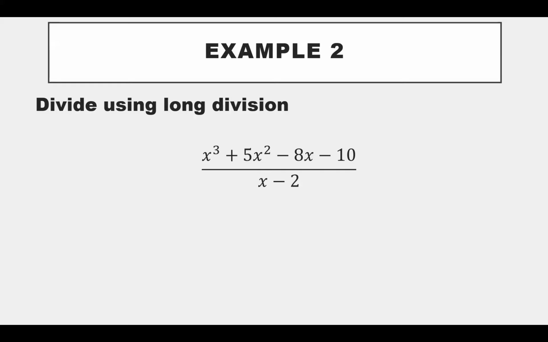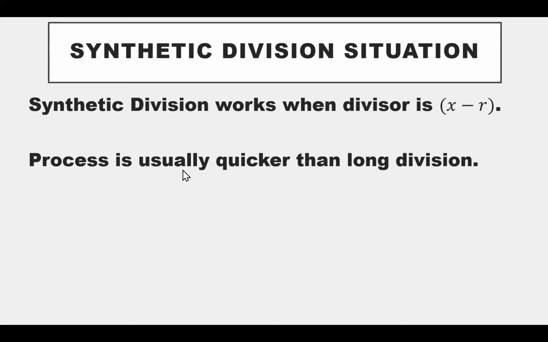But in both example 2 and example 3, there's actually a way that in general is quicker than long division. And that is synthetic division. So I'll use synthetic division fairly often, but I want to make sure we're all on the same page.